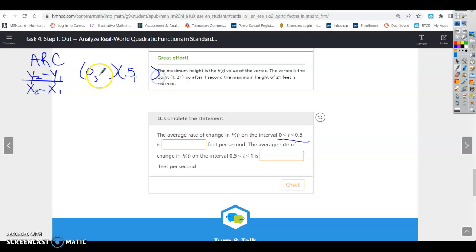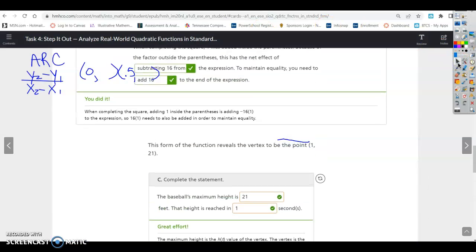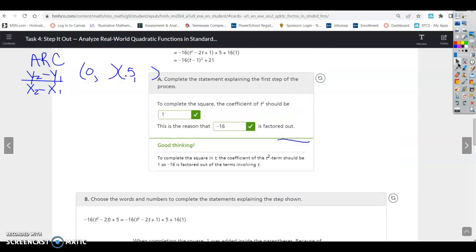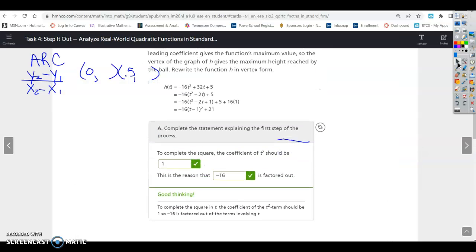So the first thing we have to do is find our y values. How are we going to do that? We're going to look at the equation and simply substitute those numbers in. So let's go back and find our equation. I'm just going to use y because it's a little shorter, but it's the same as h of t.